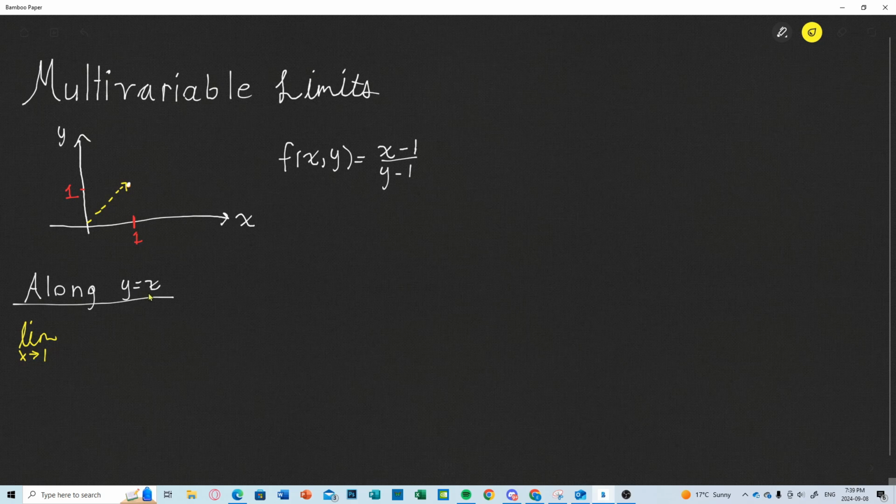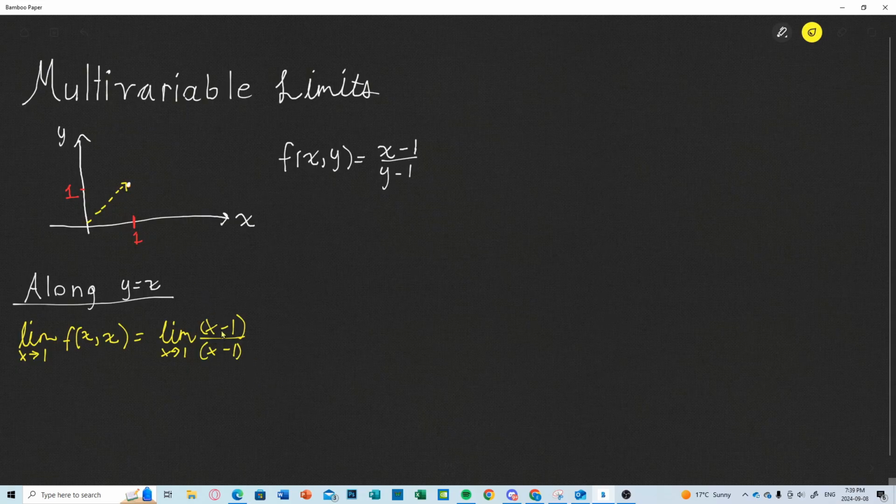Because y is equal to x, for our function we can just replace y with x. So f of x and y is just f of x and x, which gives us the limit as x approaches 1 of (x minus 1) divided by (x minus 1).